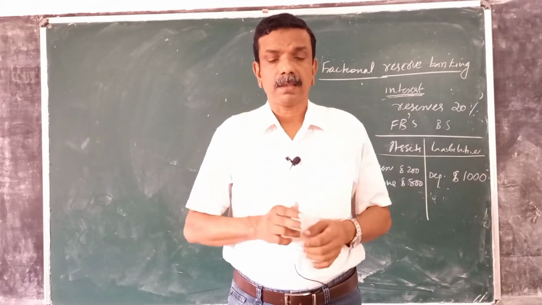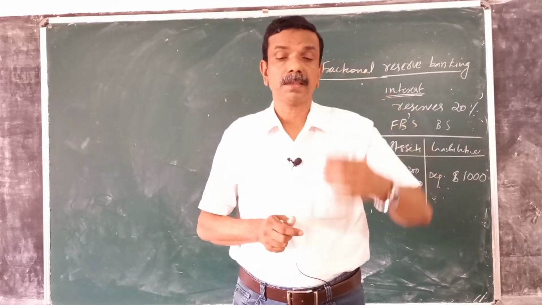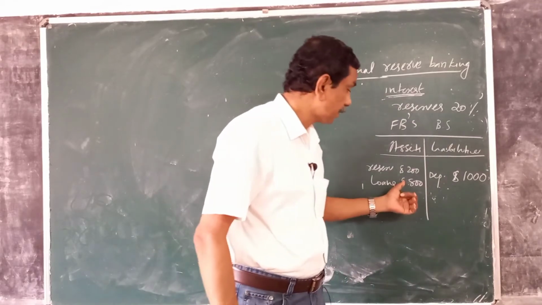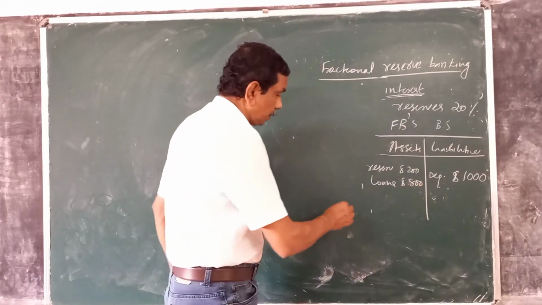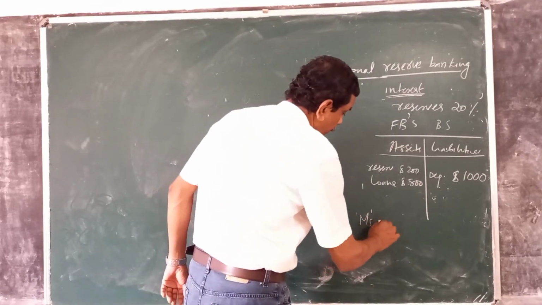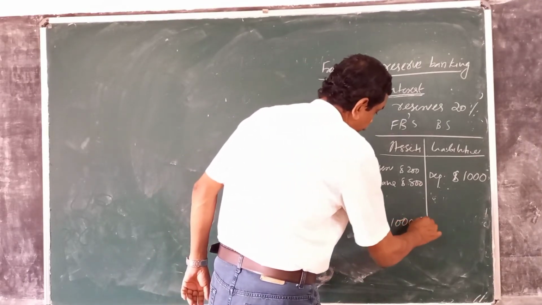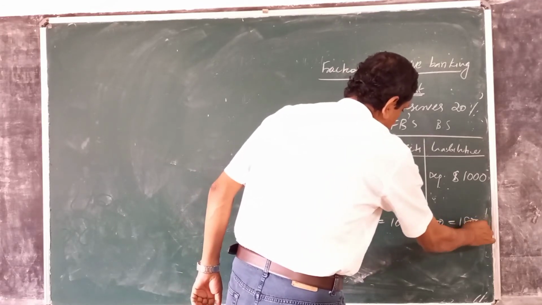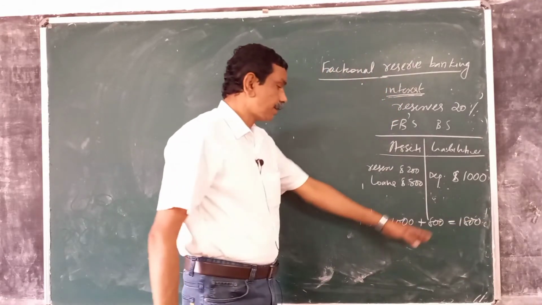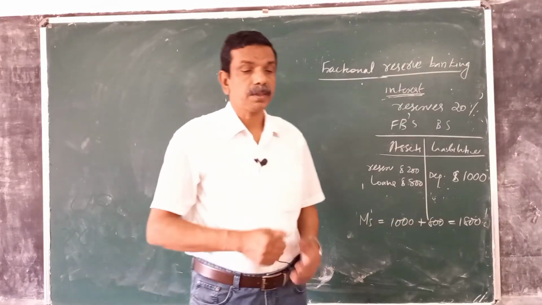Now, the first bank increases money supply by $800. Now, money supply is equal to 1000 plus 800 equal to 1800.